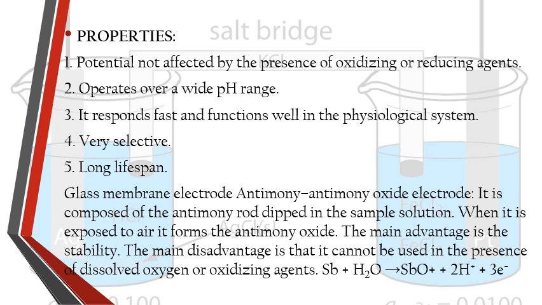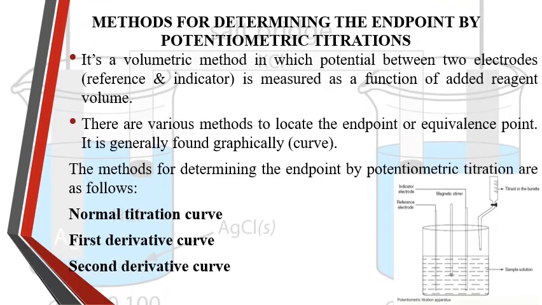It forms a stable antimony oxide layer, which is key to its performance, but also introduces limitations in certain environments. Both electrodes have specific applications where they excel, and choosing between them depends on the requirements of the measurement, including the chemical nature of the sample and the environmental conditions.